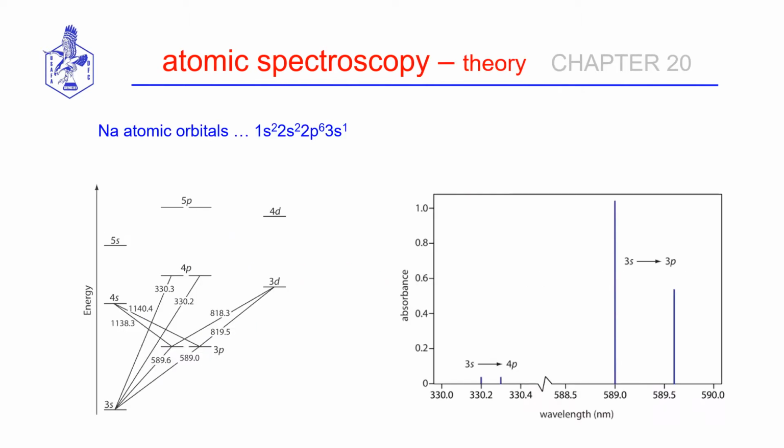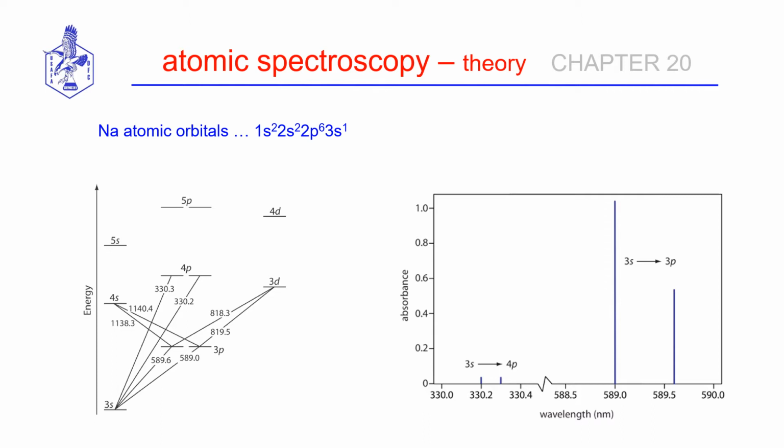The basic operating theory of atomic spectroscopy involves either the absorption or emission of light, typically in the visible spectrum, that comes from excitation of electrons within the atomic orbitals. Outside of the core orbitals that are filled, we have valence electrons in different atomic orbitals.